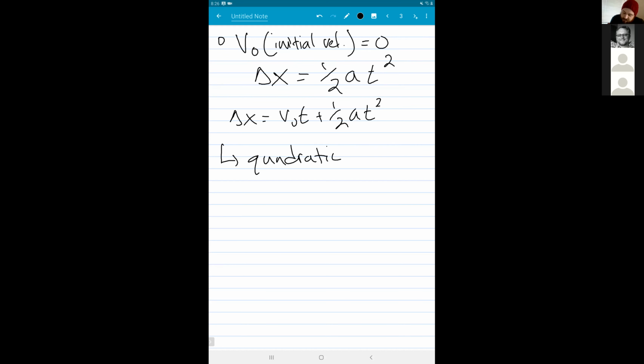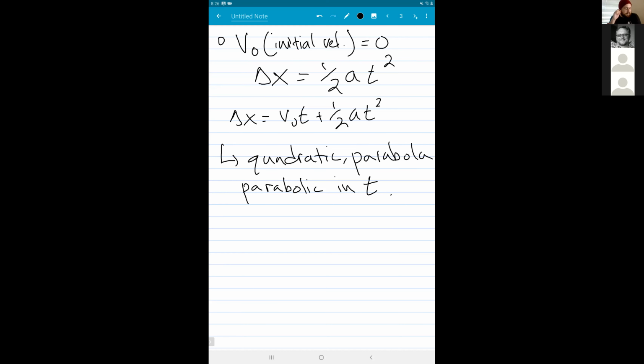It looks like a parabola. It's basically parabolic in t.